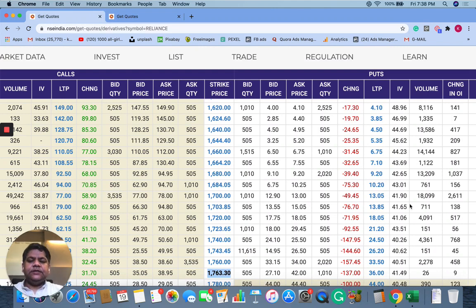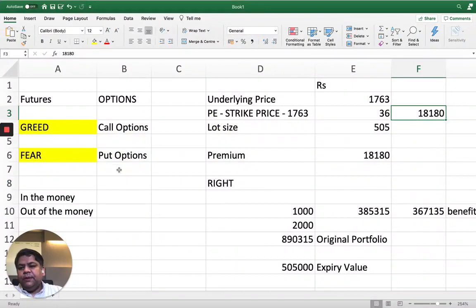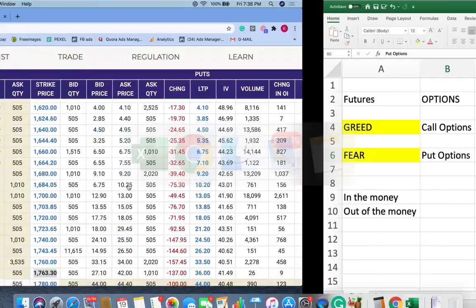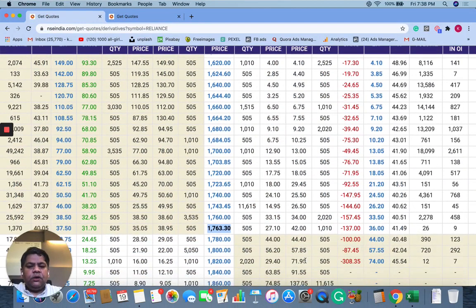Apart from remembering greed and fear for call option and put option, something you can also remember is a term policy. Some people buy a term policy of 2 crore, some of 50 lakh rupees. If nothing happens to you, the premium you have given goes to the insurance company.